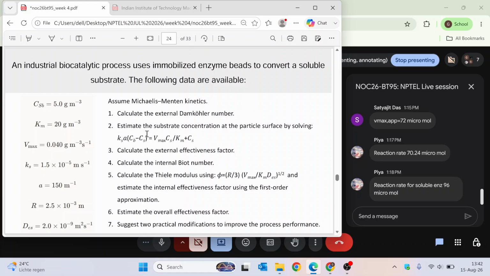An industrial biocatalytic process uses immobilized enzyme beads to convert a soluble substrate. You have to assume Michaelis Menten kinetics. These are all the given data in the problem. Now you have to answer all the 7 questions given here based on the given data.